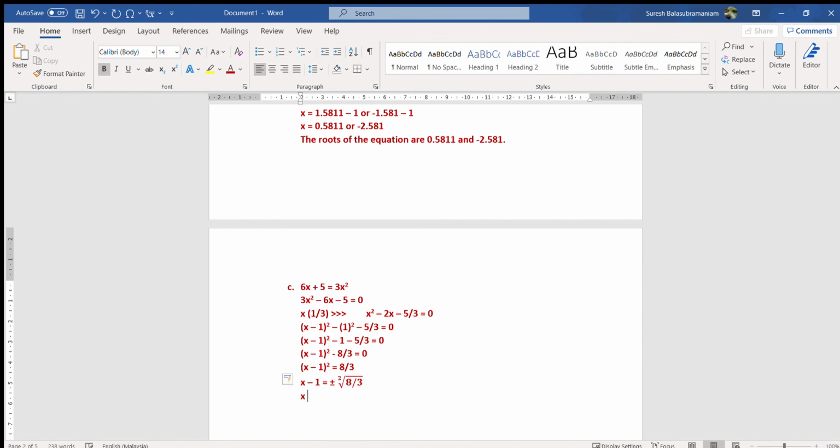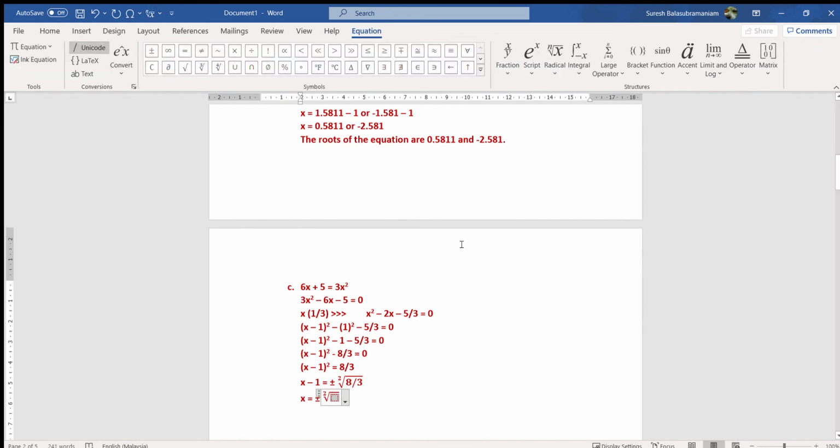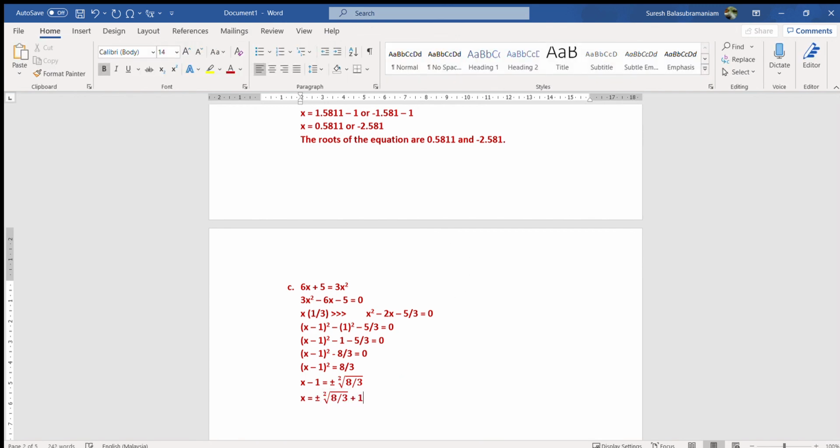So x equals plus minus square root 8 over 3, plus 1.